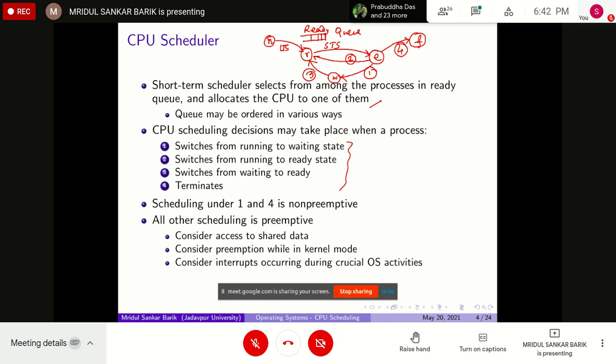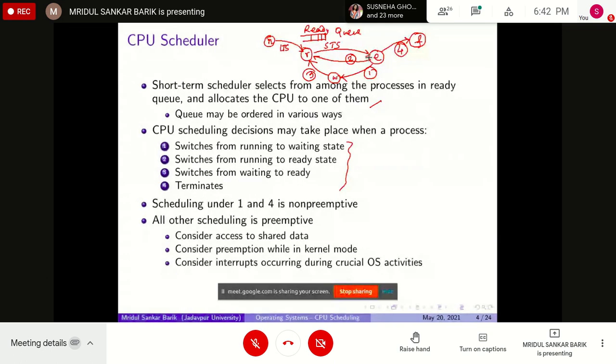Other schedulings are called preemptive. Why preemptive? So 1 and 4, so 3 and 2. The currently running process is interrupted due to some reason, and another new process would be scheduled.